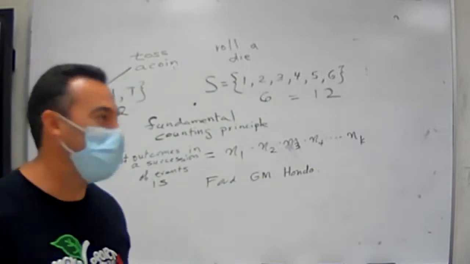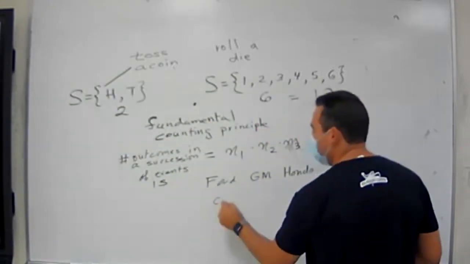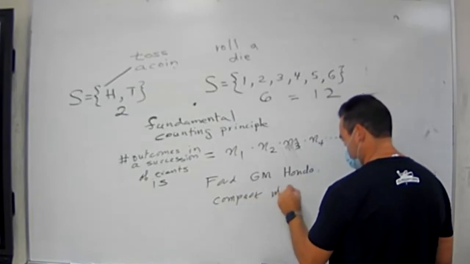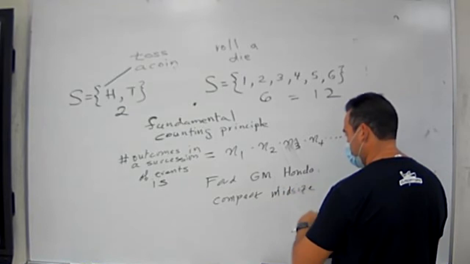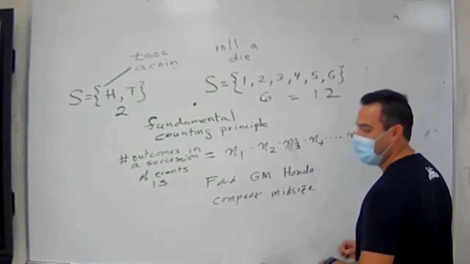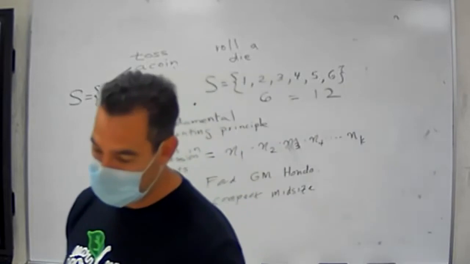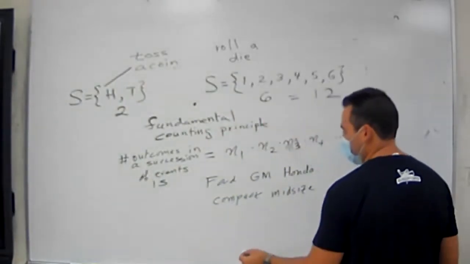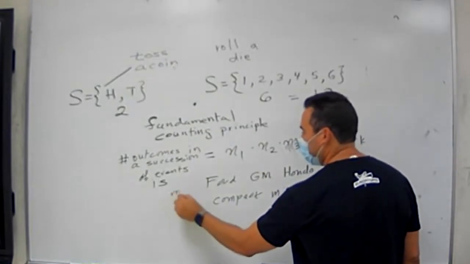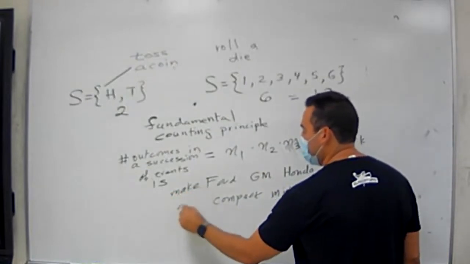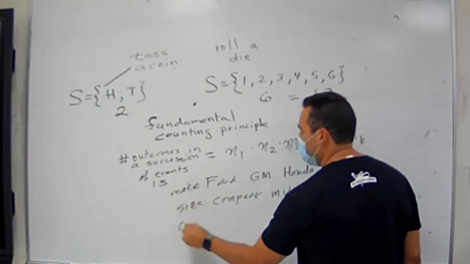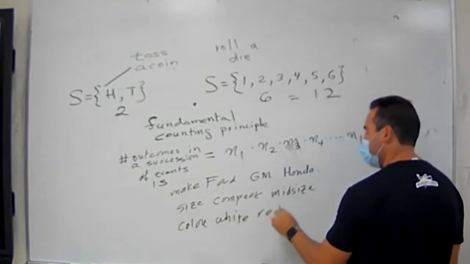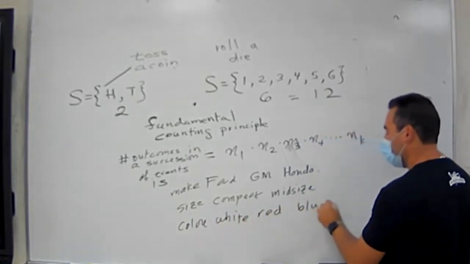You can pick it in 2 sizes, compact or mid-size. And you can pick it in 4 different colors. So you've got make, size, color. It could be white, red, blue, or black.